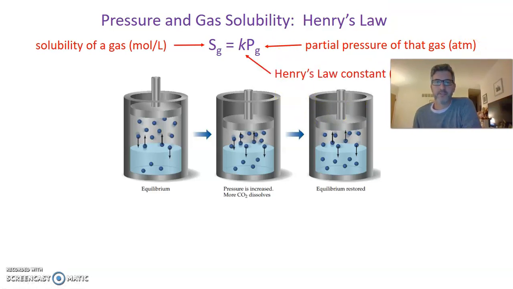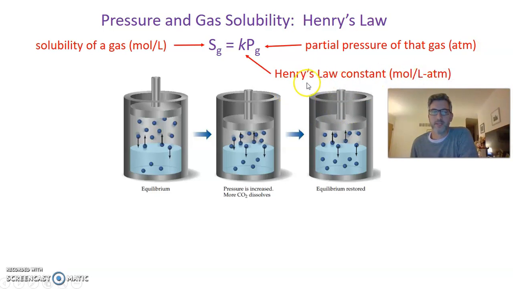Henry's law constant is what this value for K is called. And even though it's a constant, it changes with solvent, solute, and temperature. So all three of those things have to be held constant from one situation to another for you to use the same Henry's law constant.